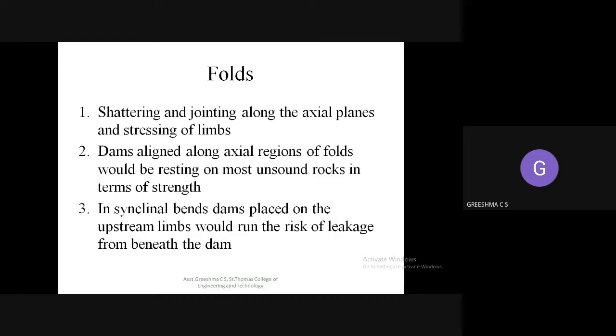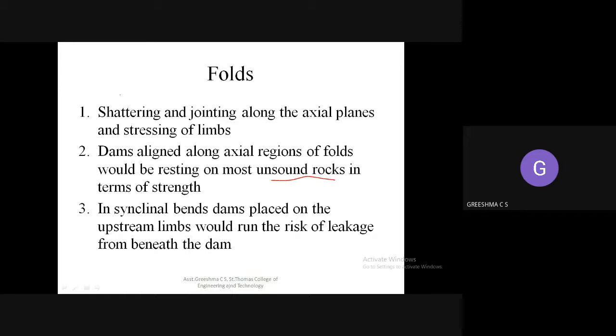You have to make sure that the dam is not aligned along the axial region of the fold. If the dams are aligned along the axial region of the folds, they would be resting on the most unsound rocks in terms of strength.